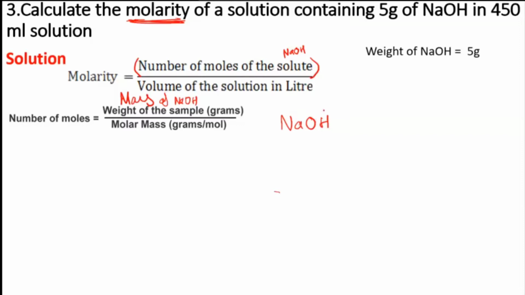Vrinda, tell me, what is the molar mass of oxygen? Very good. 16, yes, 16 is the correct answer. And hydrogen is 1, correct? Yes.